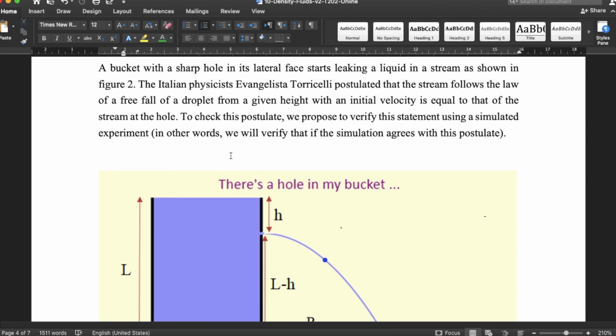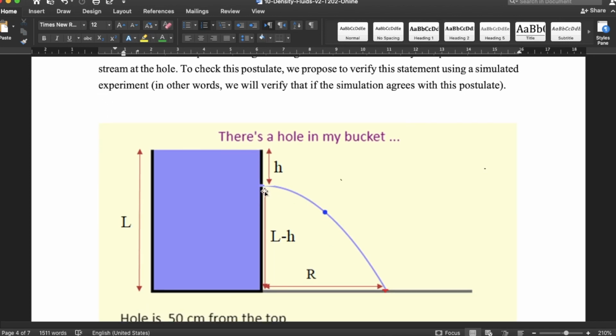So in this part we have a hole in a bucket, okay, and of course we have a stream of fluid, and we can consider this stream to be an ensemble of small infinitesimal droplets, where each droplet follows free fall motion, or you can think of this motion as a projectile motion if you like. So I'd like to study the relation between the height of the hole and the range of the stream.